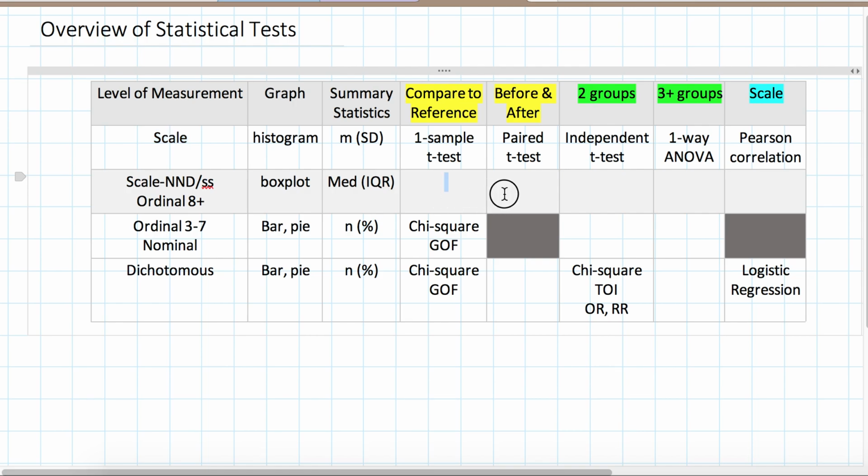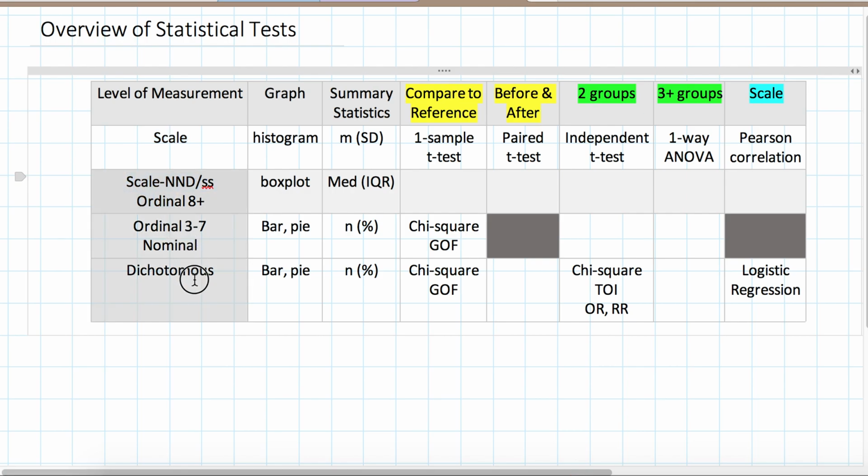Now the second row is, as I mentioned before, something called non-parametric statistical tests. The reason we call it non-parametric is that we are no longer dependent on these parameters. Mean and standard deviation are considered to be parameters of this continuous or scale variable.